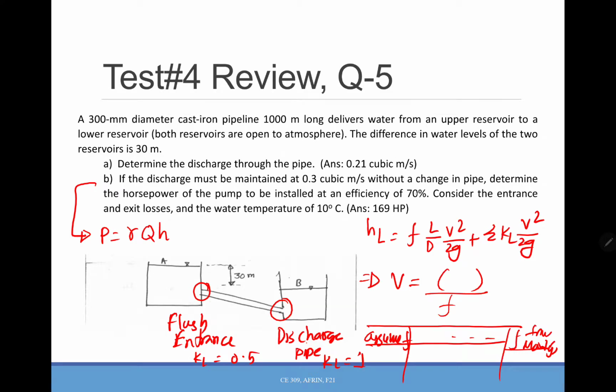Let's determine the horsepower of the pump to be installed at an efficiency of 70%. Consider the entrance and exit losses and the water temperature of 10 degrees. So to do this part, you need to find the pump head, and you can again just consider here there is a pump and apply the energy equation between A and B. So that will give you the pump head.